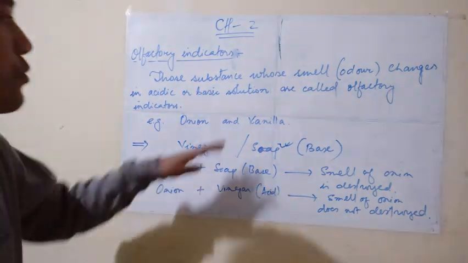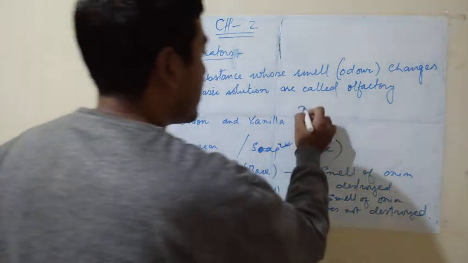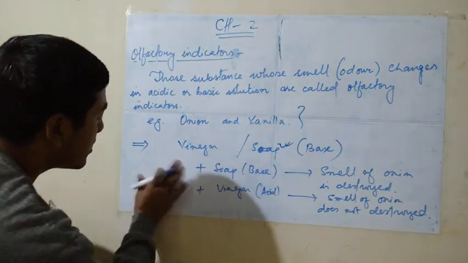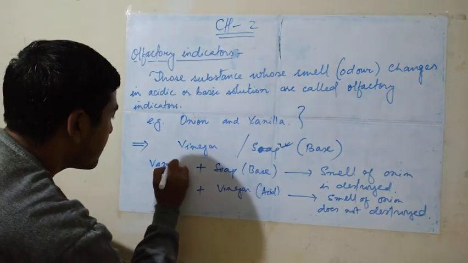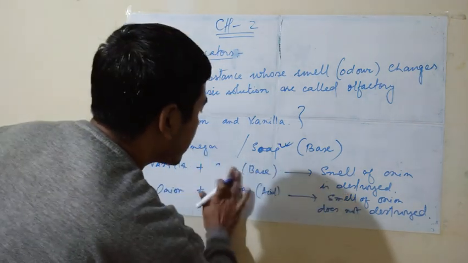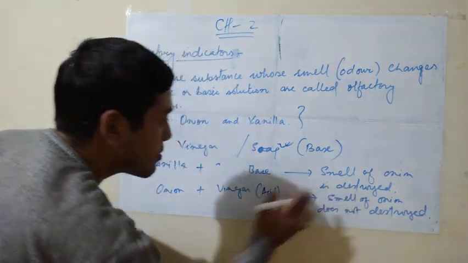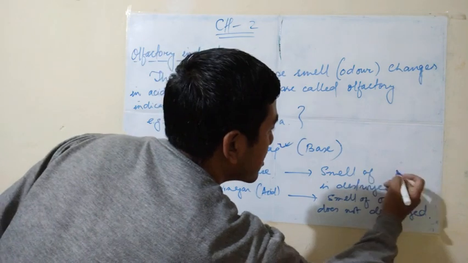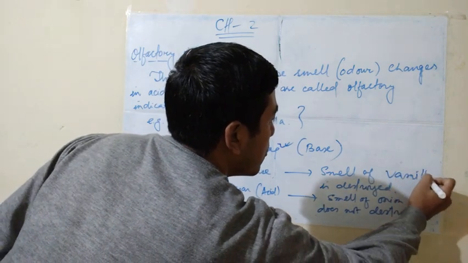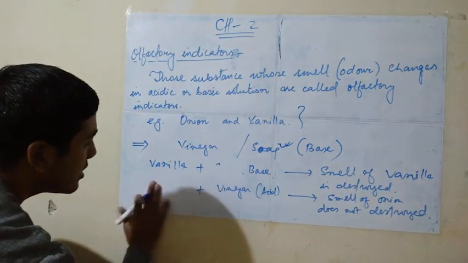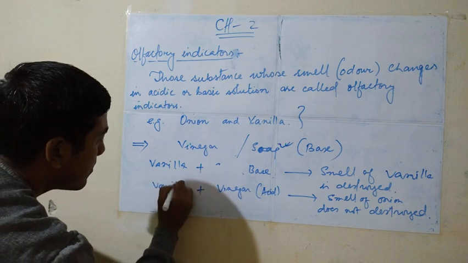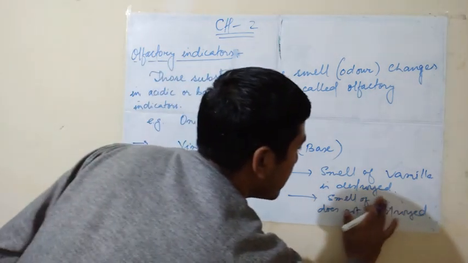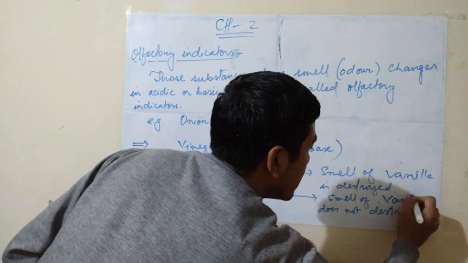Right. Same thing in the case of the vanilla also. When vanilla reacts with the base, it will destroy the smells of the vanilla. Smells of vanilla will be destroyed. In acid, the smells of the vanilla cannot be destroyed.